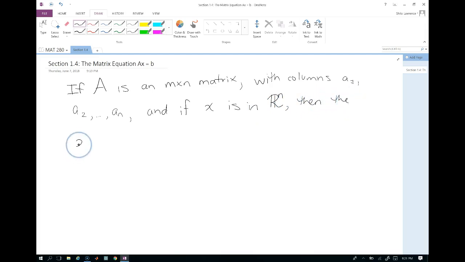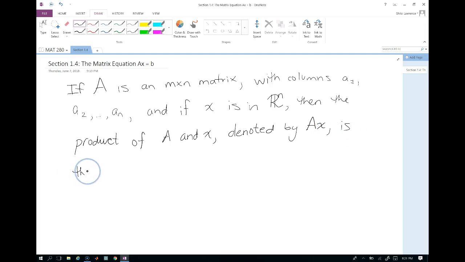Then the product of A and x, which has no special notation for products between matrices and vectors, is denoted by just Ax, just like we would do in algebra class.